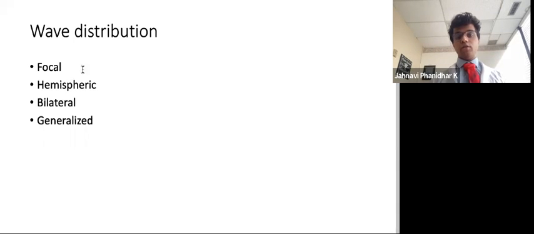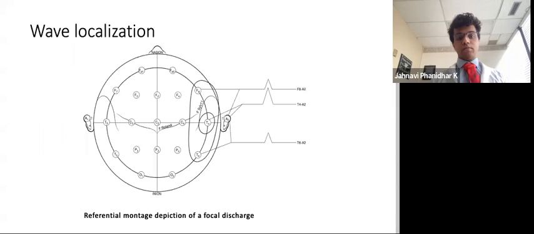Focal is when it is present on only one electrode or the nearby electrodes within the immediate distance of it. Hemispheric is when it has more than two inter-electrode distances, and bilateral is when it crosses the coronal suture but not the sagittal suture. We will call it a generalized wave when it crosses both the coronal and sagittal lines.